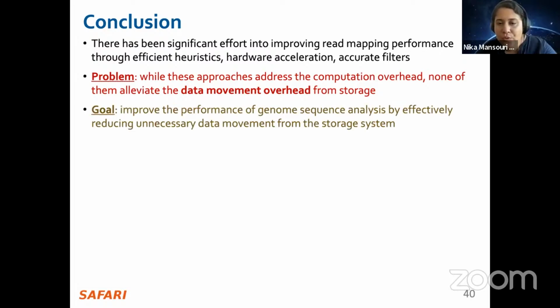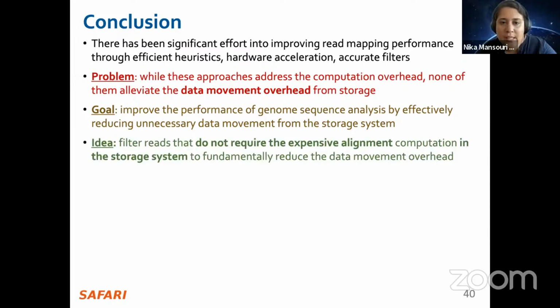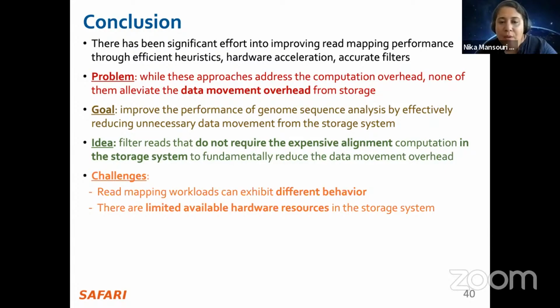Our goal is to improve the performance of genomic sequence analysis by effectively reducing unnecessary data movement from the storage system. The key idea is to filter reads that do not require the expensive ASM computation in the storage system to fundamentally reduce data movement overhead. However, filtering reads inside the SSD is challenging because read mapping workloads can exhibit different behavior and there are limited available hardware resources in the storage system.